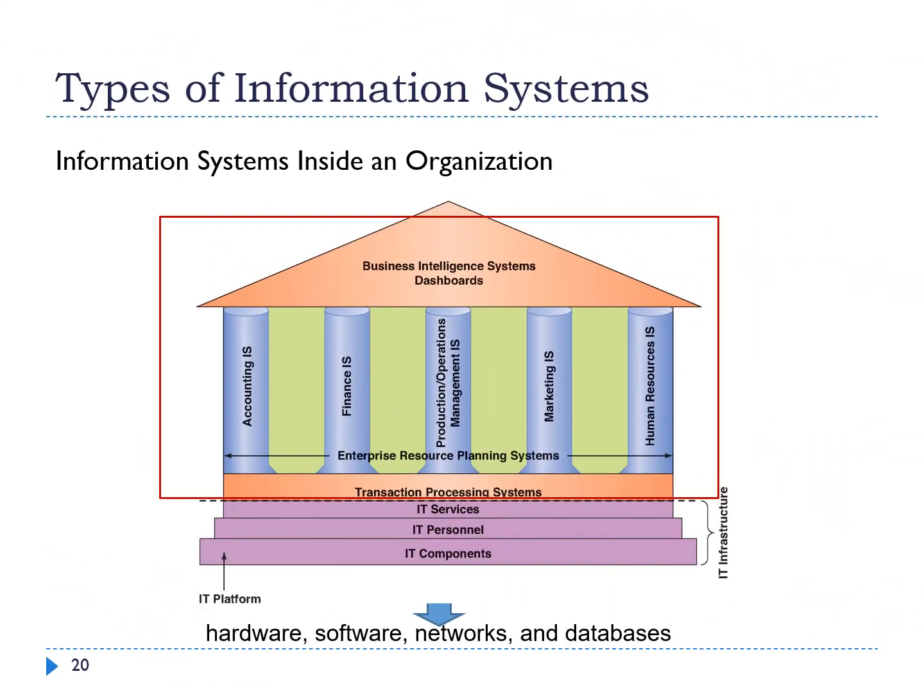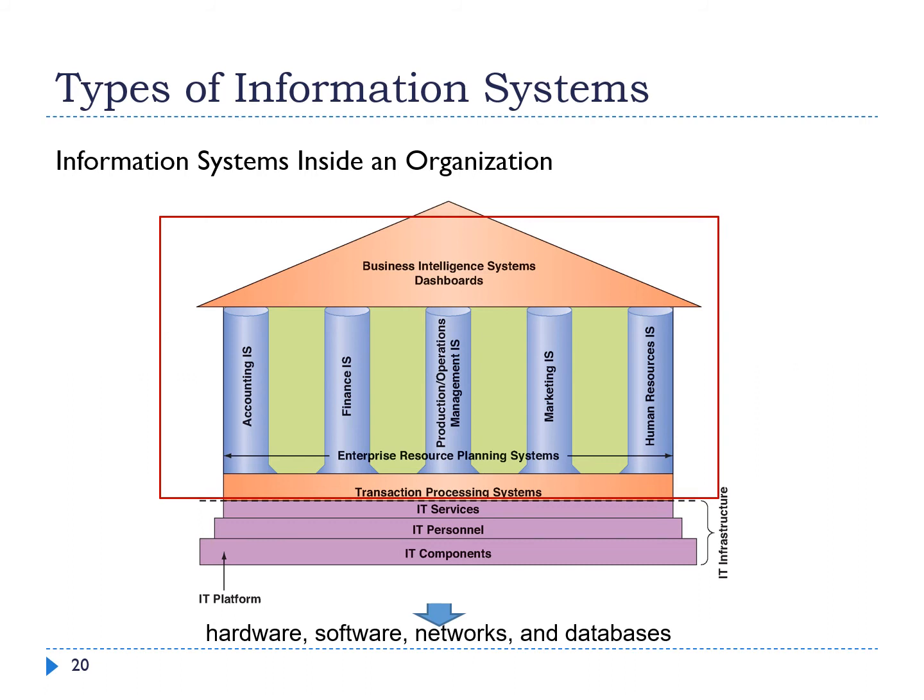At the top of the pyramid are the various organizational information systems, including transaction processing systems, enterprise resource planning systems, functional area information systems such as accounting information system and marketing information system.